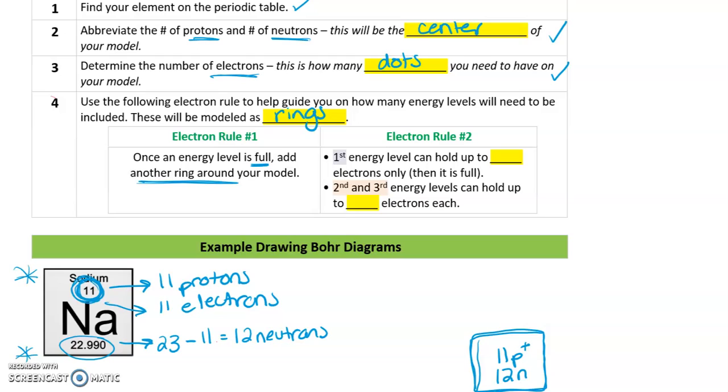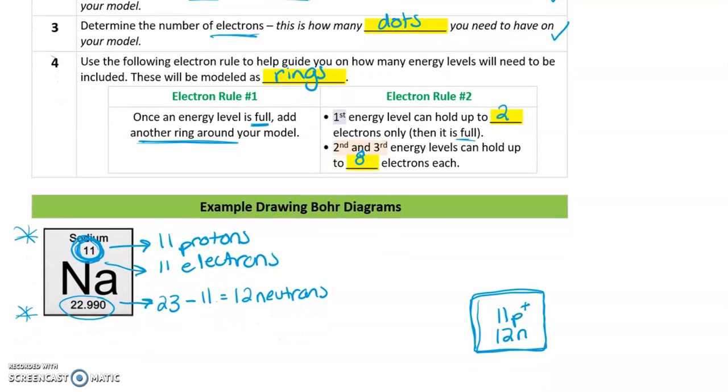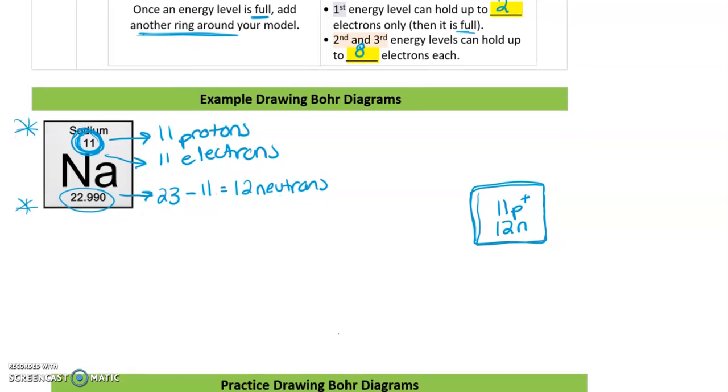Rule number 2 tells us how many electrons an energy level can have before it's full. The first energy level can hold up to 2 electrons, and then it's full. Whereas the second and third energy levels, or the outermost rings, can hold up to 8 electrons each before it's full.